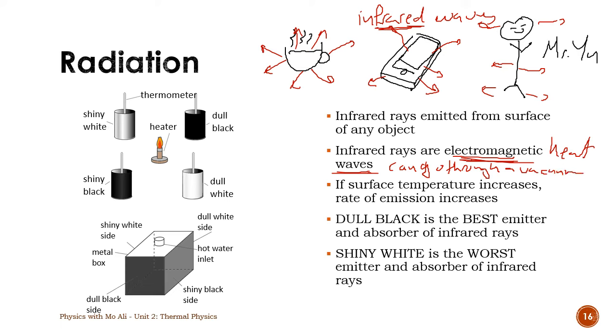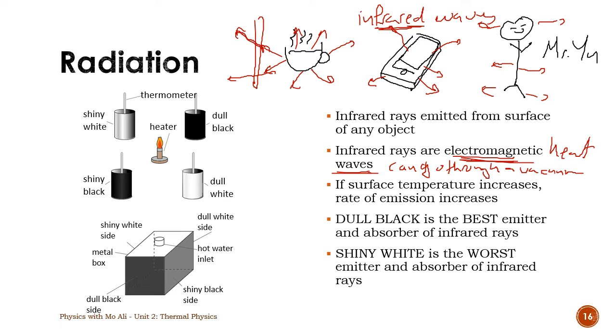So can it go through air? Yes. Can it go through liquids? Why not, depending on how dense it is. Can it go through solids? Usually solids stop radiation, but if it's something like glass, just treat infrared waves like light. If light can go through, then the heat would probably go through.